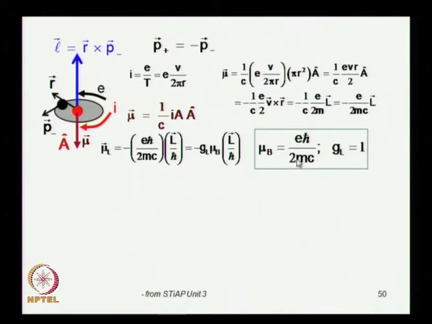So, this e h cross over 2mc is the Bohr magneton. There is an additional factor g which is introduced, which is in this case equal to 1, and we need not worry about it at this stage, but it becomes relevant only in the context of the magnetic moment coming from the electron spin.